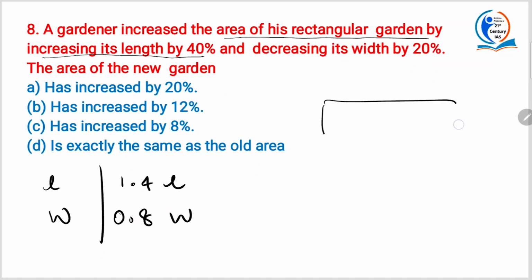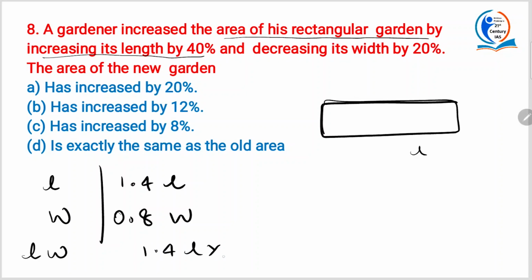First of all, what is the area of rectangle? You all have learned this in school, no? Length into width or length into breadth. You know? So older area will be L into W. New area is 1.4 L into 0.8 W. Now 1.4 into 0.8, it is 1.12 LW.